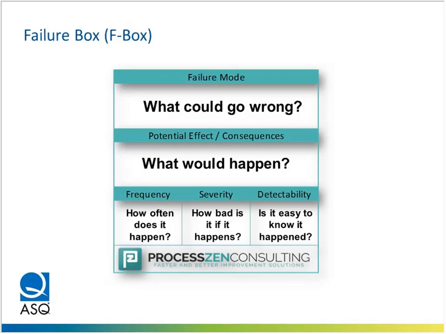What could go wrong with this step? That's the failure mode. The effect will be determined by asking the question, what would happen if this failure did occur? How often does this failure occur? How bad is it if it happens? And also the last step, detectability, which is how easy will it be for you to know that it did happen?